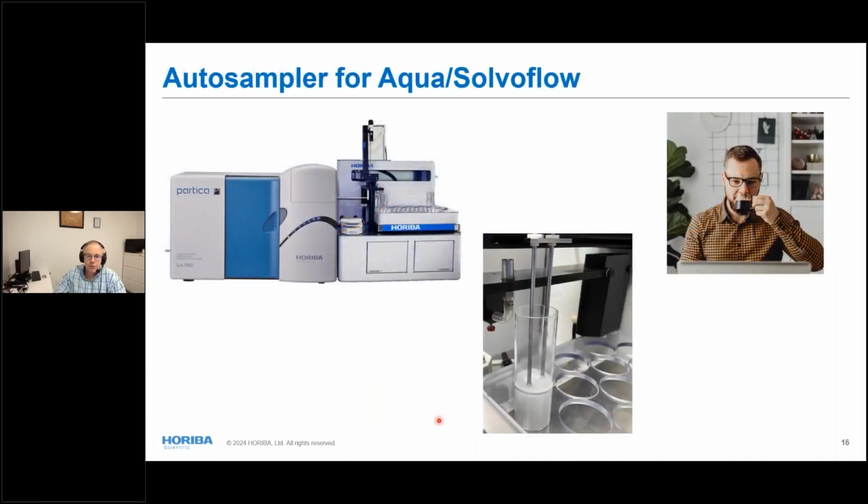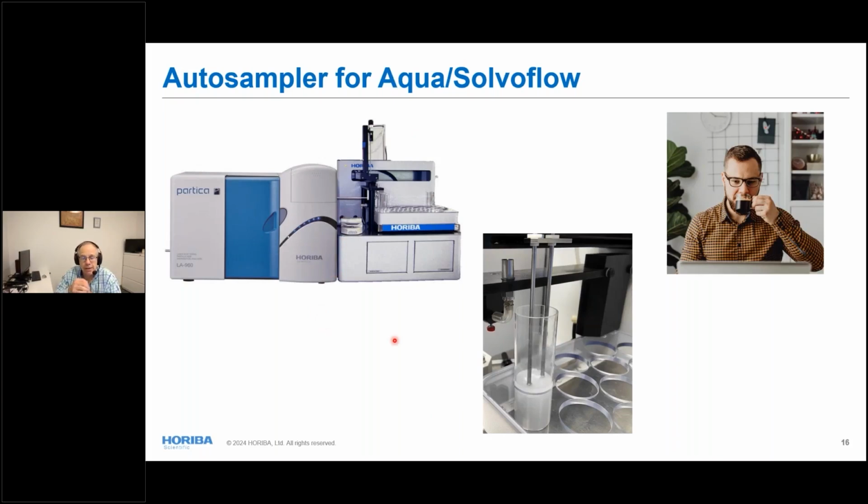Another option that is relatively uncommon, but becomes very important to people when they start running a large volume of samples, is an auto sampler. That is shown on the right-hand side here. I have the instrument on the left and the auto sampler on the right.